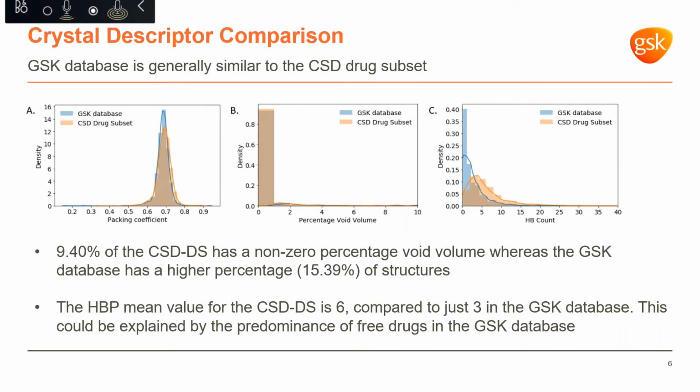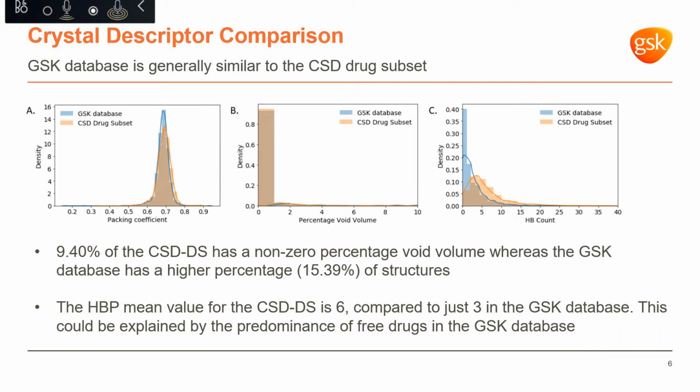As I showed you earlier, 58% of our database are free drugs or parent structures, in comparison to the CSD that has fewer of these forms. The CSD drug subset has more salts, which are more capable of exhibiting hydrogen bonding interactions. And the lack of co-crystals in our database may also have an impact here.